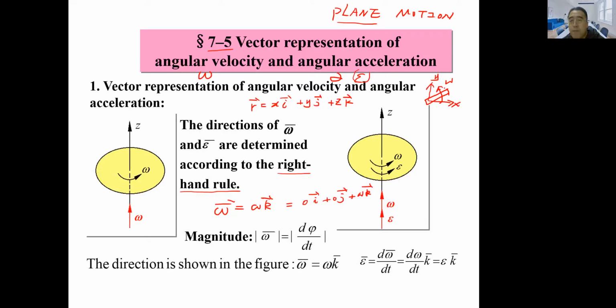So our omega, maybe CW direction, maybe CCW direction, is always along the direction of z, right? So it only has components along the z axis. For the same reason, the epsilon vector also only has a component along the z direction, right? That's how we use vectors for the representation of angular velocity and angular acceleration.